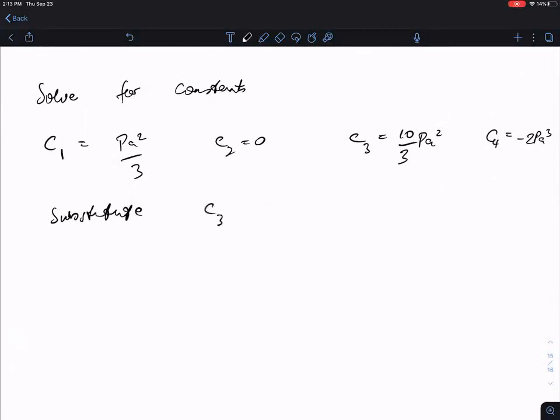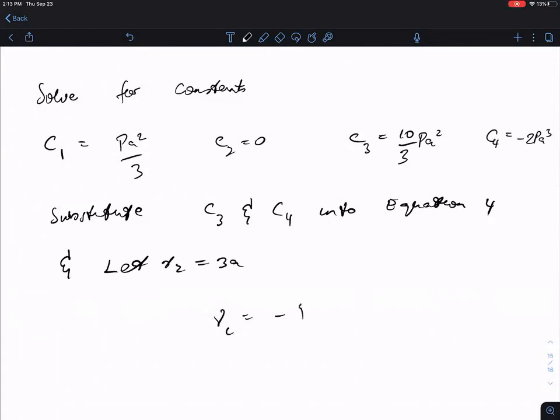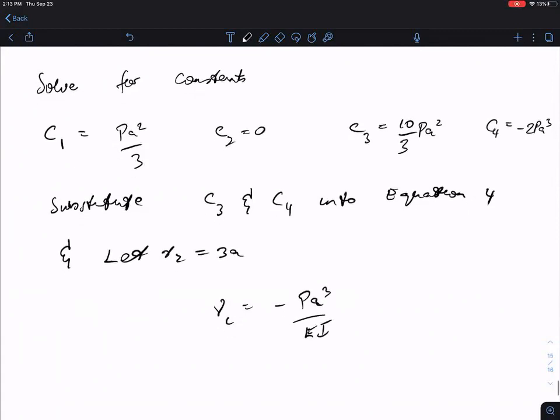If we substitute C3 and C4 into equation 4, and we let x2 equal to 3a, because we're trying to get the displacement at the very end of the member, we get BC is equal to minus PA cubed over EI. And this is what we were looking for, the displacement at point C.